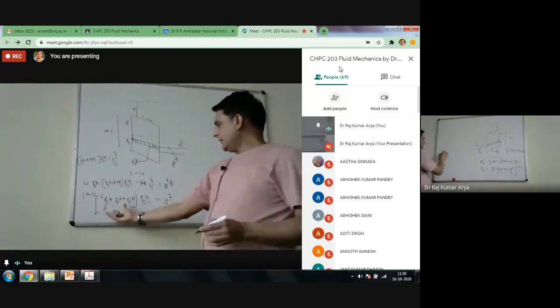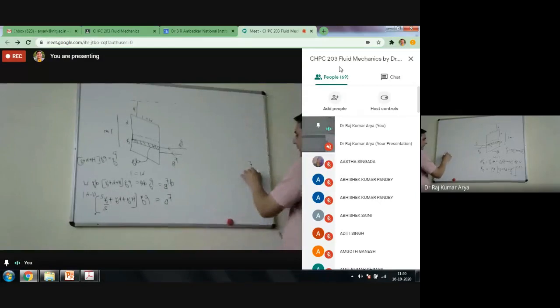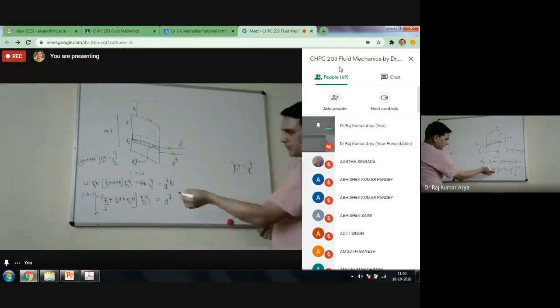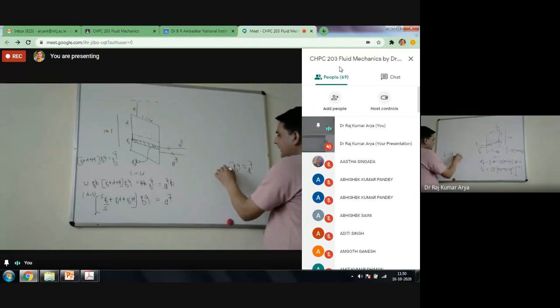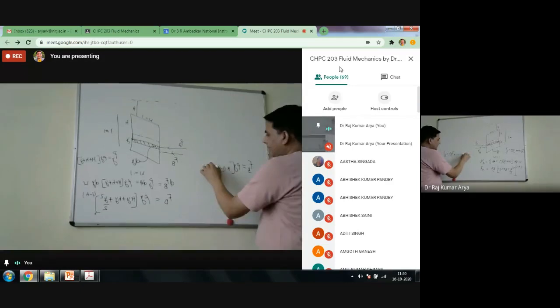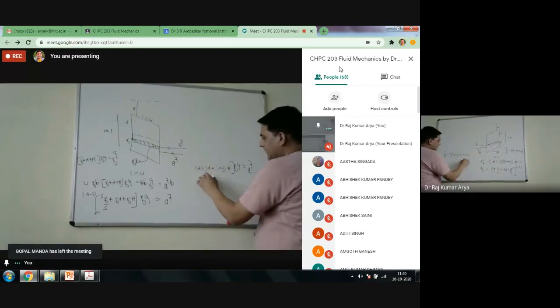Substitute that here. So you will get the expression for F bottom as rho g. You have h here, so h, y is just 1 minus h, plus you have h (1 minus h) square upon 2.